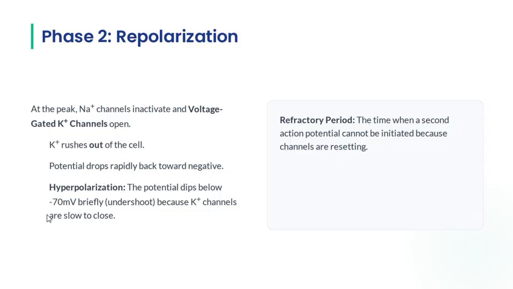Then hyperpolarization happens, when the potential briefly dips below negative 70, because the K+ channels are too slow to close. There's also a refractory period, the time when a second action potential cannot be initiated because channels are resetting.